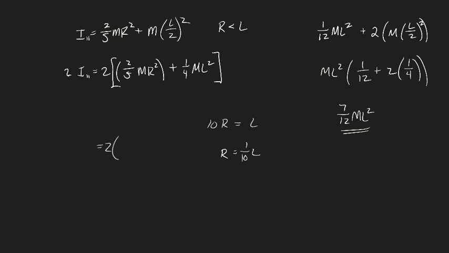2 times 2/5 m(L/10) squared plus 1/4 ml squared. Trying to see, okay, we're going to treat it like a real sphere to see how big an impact that is. 2 times L/10 squared will be L squared over 100, right?